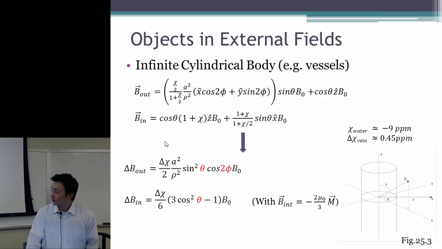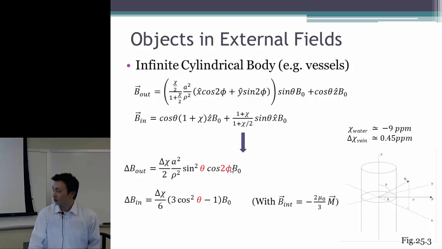If we use the relative susceptibility differences, we can come up with a relatively simplified version, and usually this would be a much more realistic scenario. From these two expressions for the field distribution inside and outside this cylinder, we can see that it is a function of the angle between the cylinder and the external field.